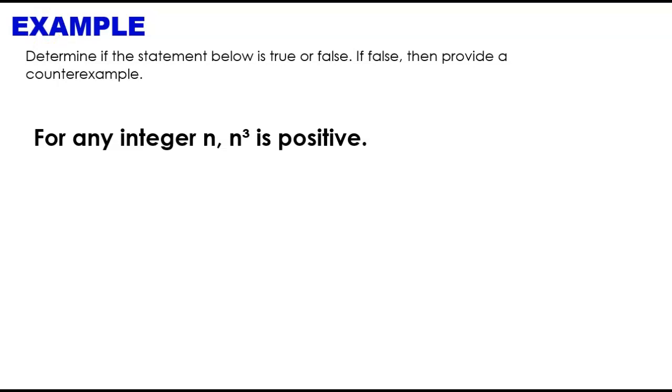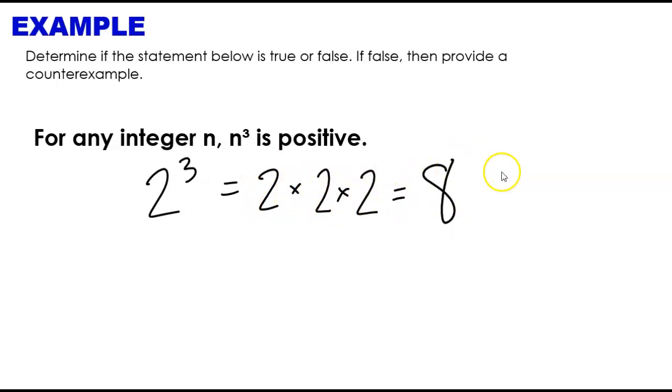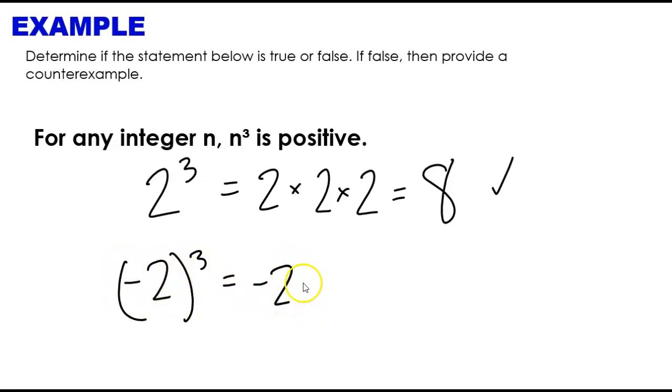So if I do, let's just pick a 2. 2 cubed would be 2 times 2 times 2, right? That's an 8. Okay, cool. That's positive. It worked. Okay, let's do a negative 2. So negative 2 cubed would be negative 2 times negative 2 times negative 2.